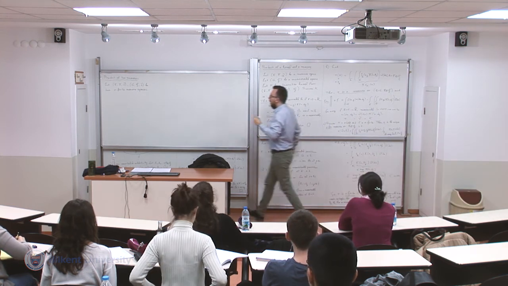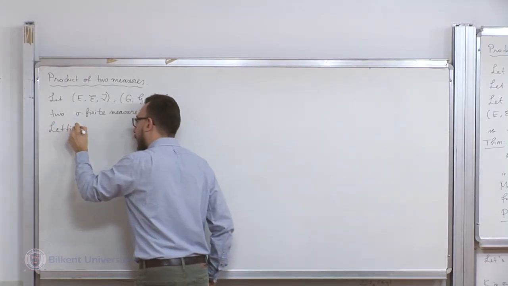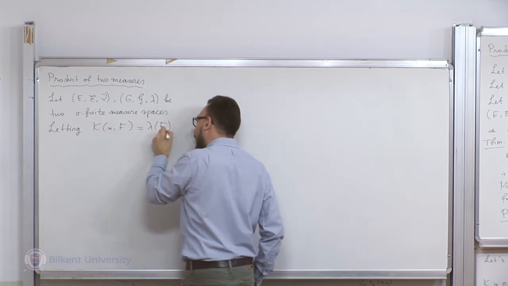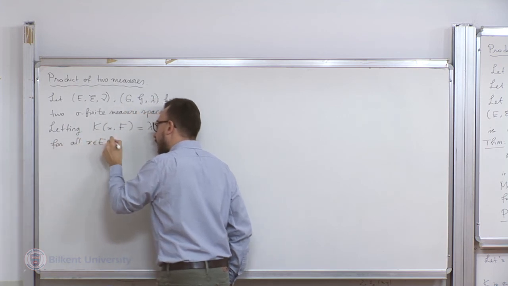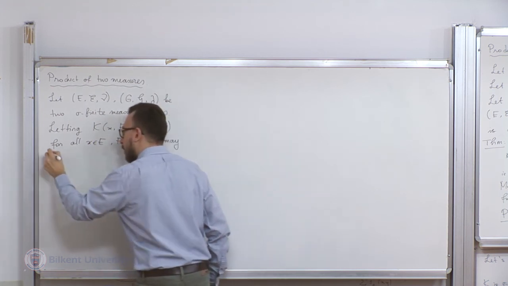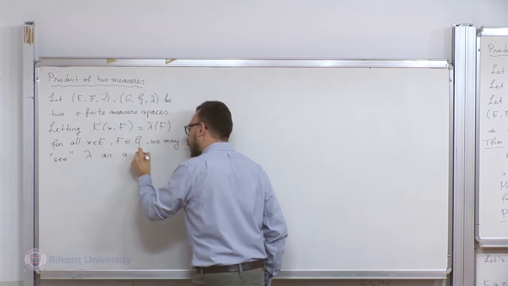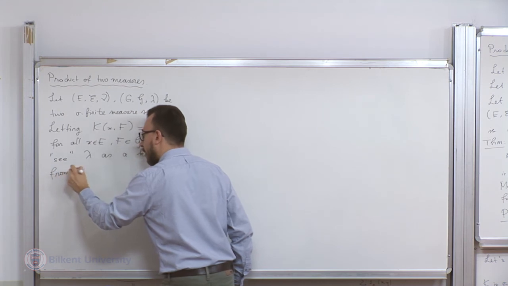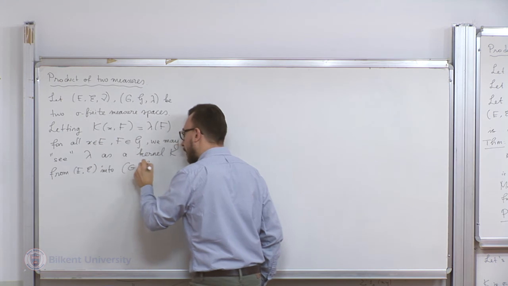So letting k_x of f be lambda of f for all x and f, we may see lambda as a kernel k from E into G.